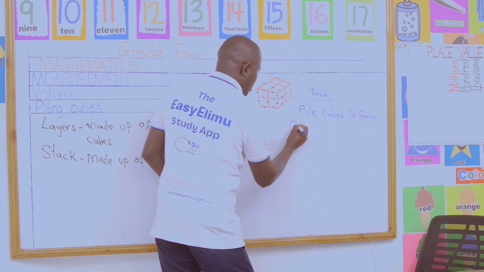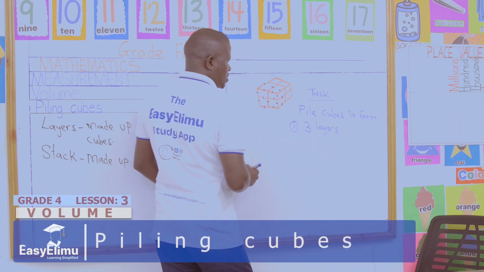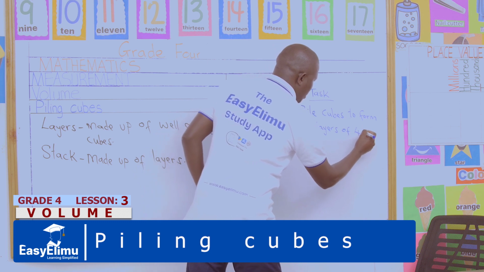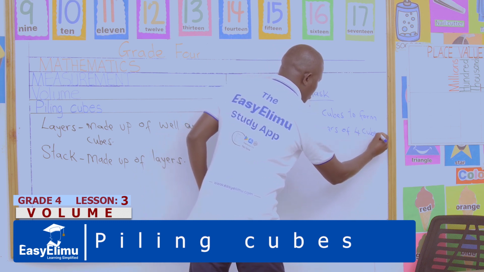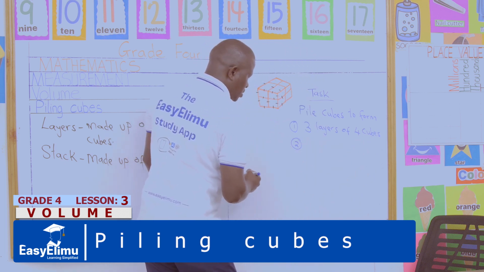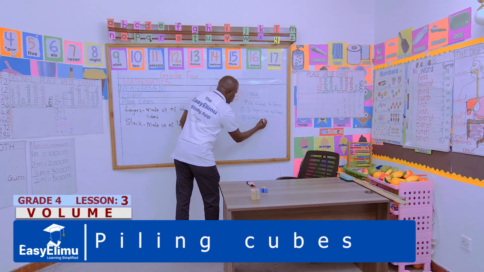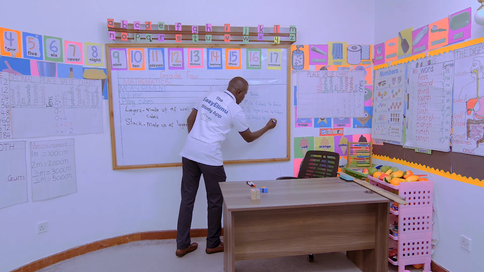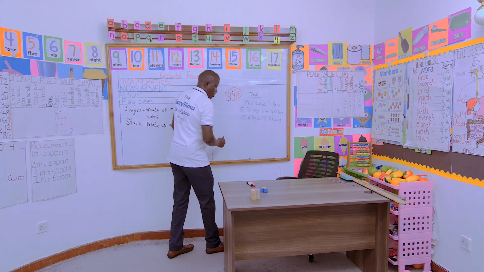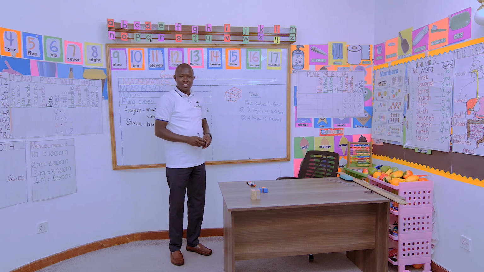Number 1, what are you forming? 3 layers, with 4 cubes in each layer. Number 2, what are you piling also? 4 layers, with 6 cubes in each layer. Learners, this marks the end of our lesson.